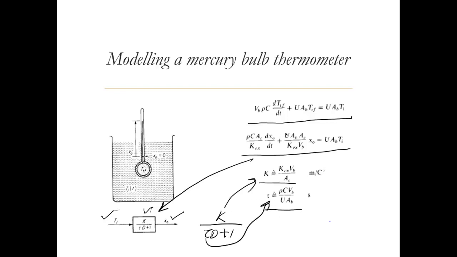So all this equation actually is nothing but a first order differential equation. So this was our kind of a1 and this was our a naught. So obviously now they are not the constants, but they are having specific meaning, where rho is nothing but density. It could be density of the mercury. C is the specific heat. Similarly, the area of the bulb, AB.